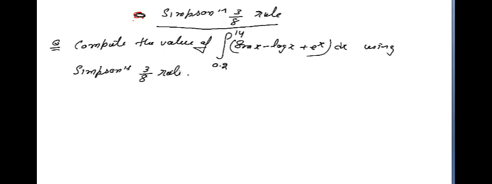Okay, so first of all you must know the basic formula of Simpson 3/8 rule. Whenever you want to find the integration from a to b of f(x) dx, it will be 3h by 8.